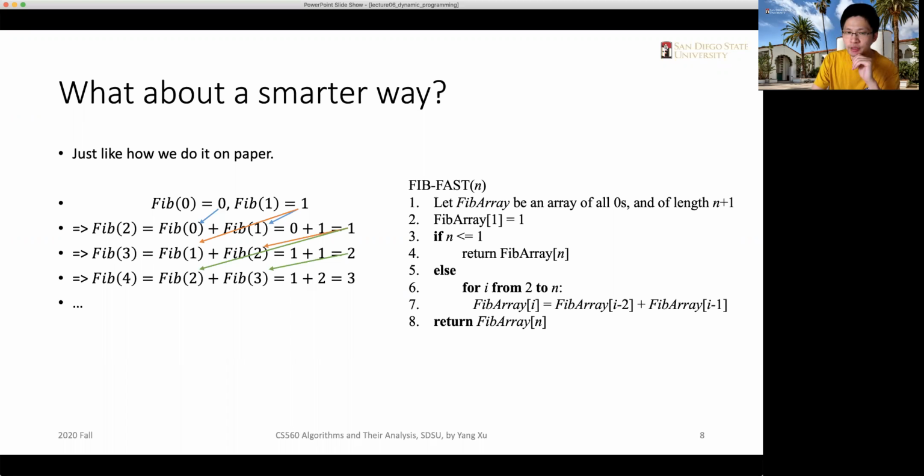The specialty of the algorithm here is that the index starts from 0. So say the n can be 0, right? But n cannot be a negative number. If n is 0, then the Fibonacci array will be an array that contains one element, and the index starts from 0.